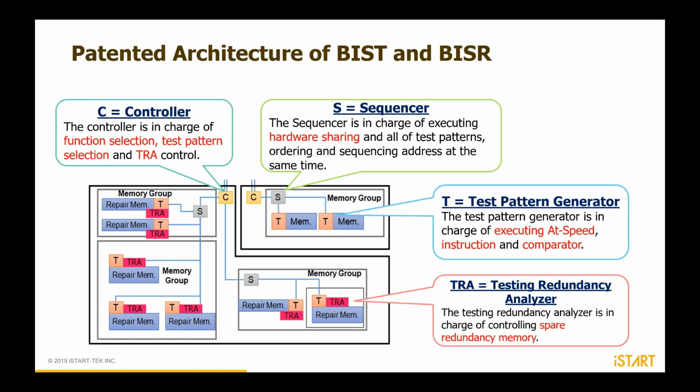The test pattern generator is in charge of executing at-speed instructions and doing the comparison. After comparison, any result, the test pattern generator will return the message to the sequencer, and the sequencer will return it to the controller. The TRA, test redundancy analyzer, is in charge of controlling the spare redundancy memory.